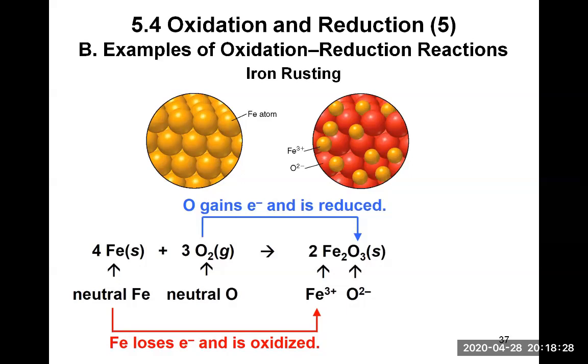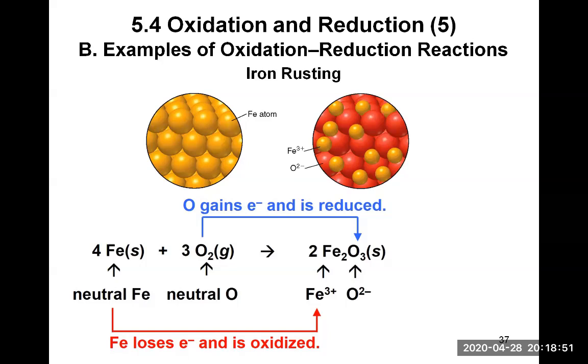So oxygen is a strong oxidizing agent because it gets reduced easily. Oxygen, the gas you find in the air, is the neutral oxygen, and it likes to gain two electrons and become the oxide ion.